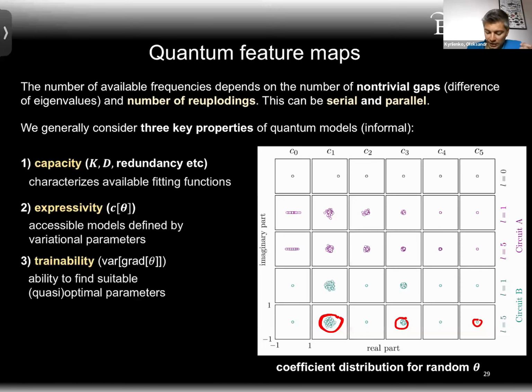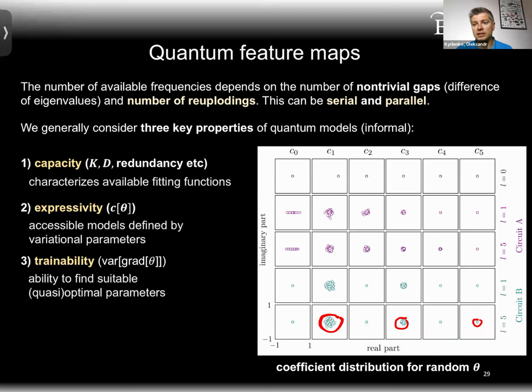And once you have built a model, you also meet the problem of trainability, because it's actually quite difficult to search for optimal parameters in non-convex optimization problems if you have many parameters.